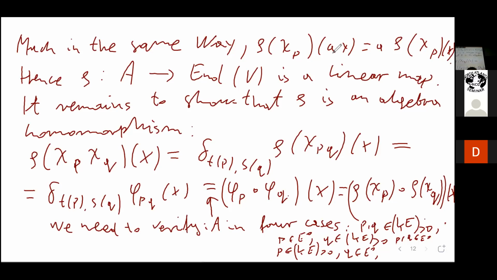I wrote in the lecture notes just please verify 4 cases, but in fact it takes a little bit of work, and these 4 cases are all different. But now it's done. We see that this is an algebra homomorphism.